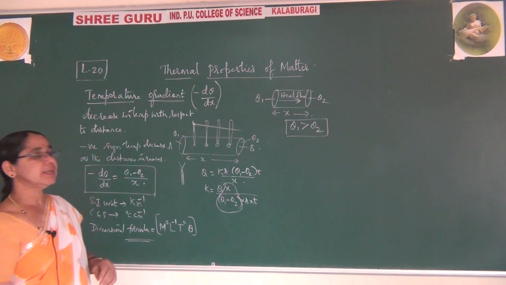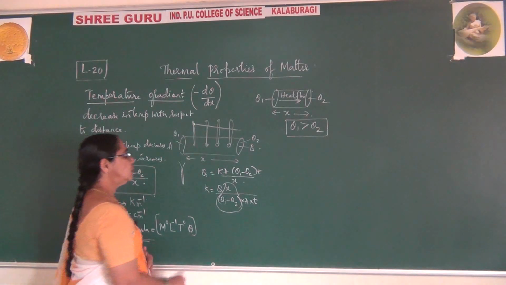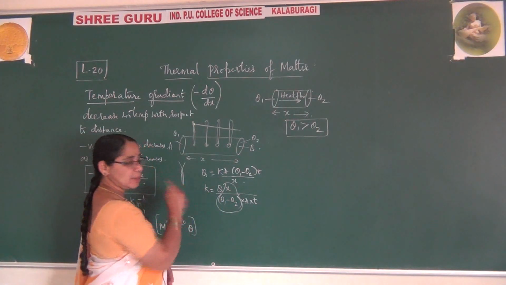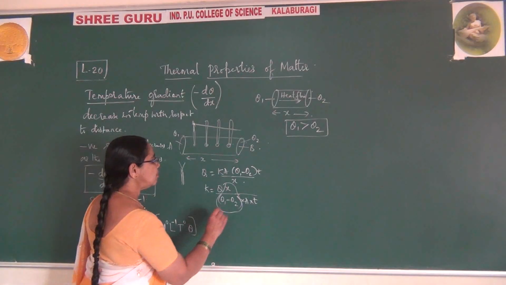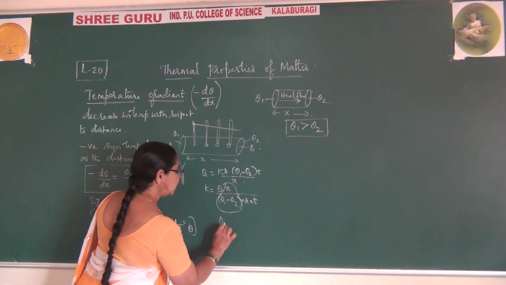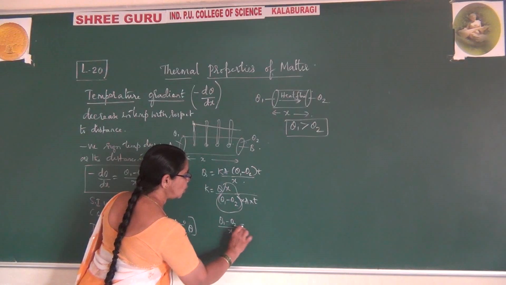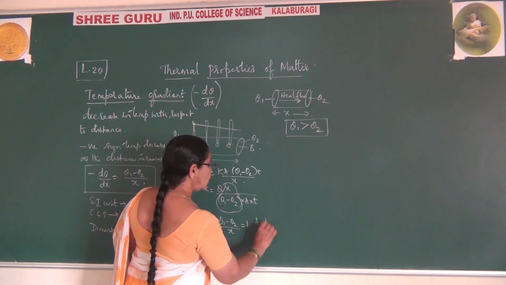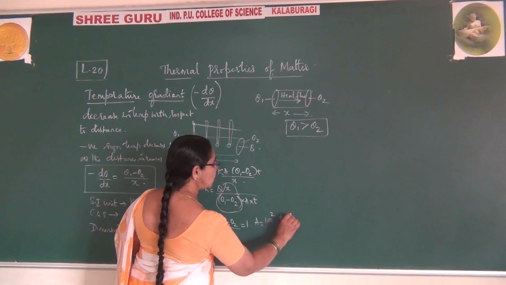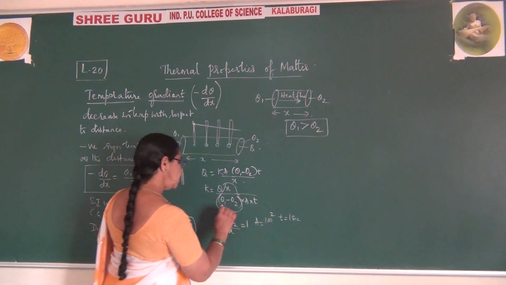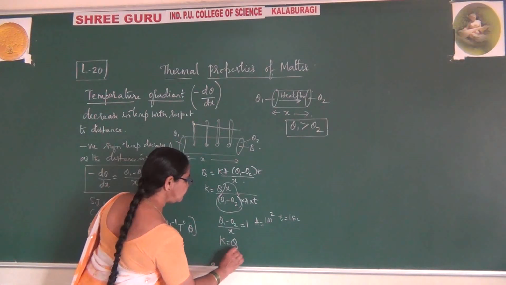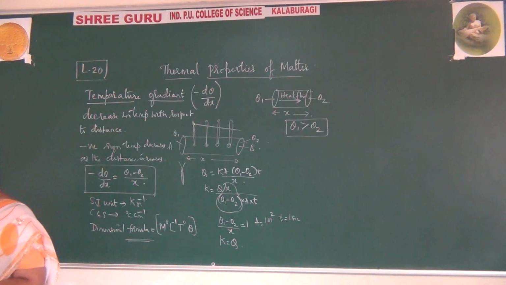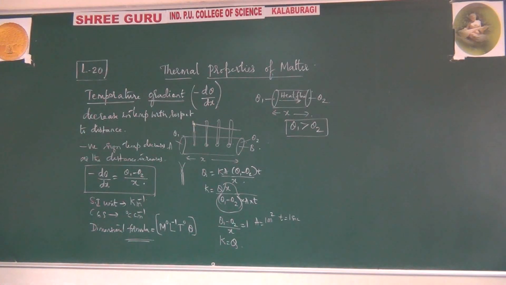So using this, if you want to explain the quantity of heat with respect to thermal conductivity, at that time if temperature gradient (theta 1 minus theta 2) by x is equal to 1, nothing but unity, and if A is equal to 1 meter square, and t is equal to 1 second, then you can say K is equal to Q. So how do you define the thermal conductivity using the temperature gradient?